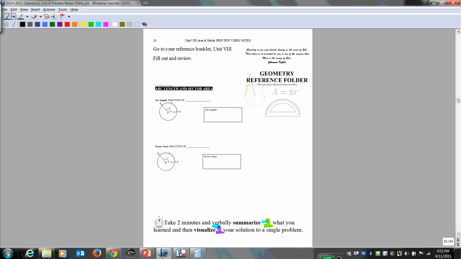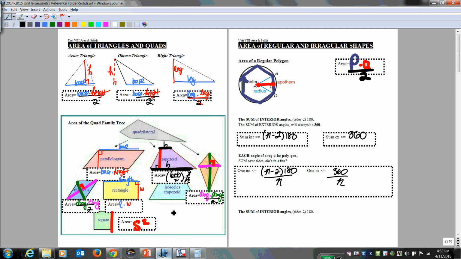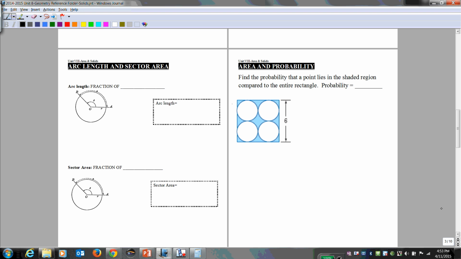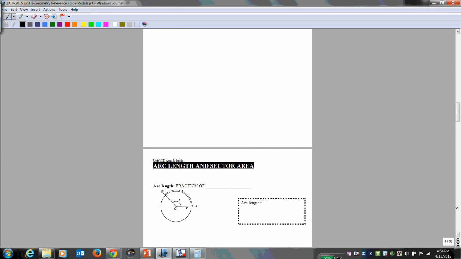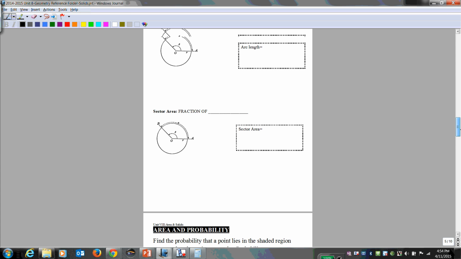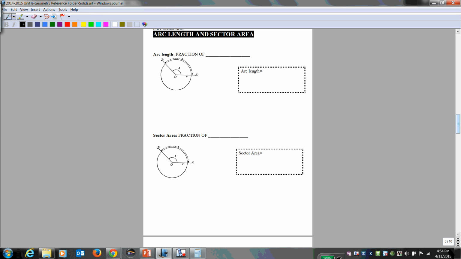Go ahead and go to your geometry reference folder, and let's fill out these two equations right here. So on this page, arc length, that's a fraction of circumference.